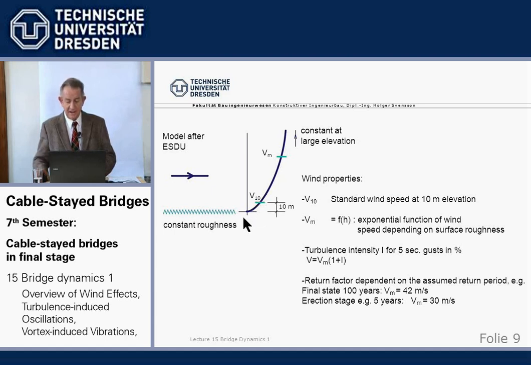And we have the turbulence intensity, meaning that the wind is not just steady, laminar as we say, but it has gusts. And the percentage by which these gusts have a higher speed than the average speed is what we call intensity.